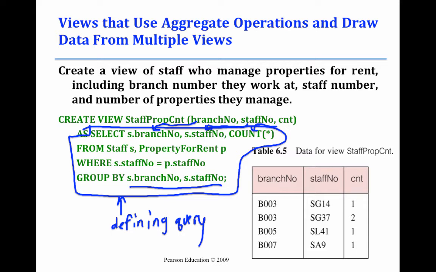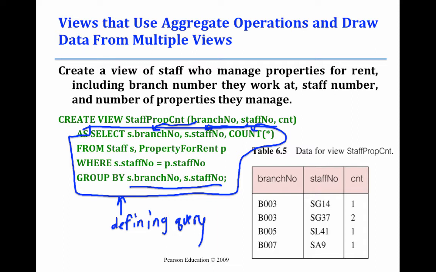Okay? Pardon? That's not guaranteed. I'd have to use an order by clause to make that happen. Pardon? Well, probably because I grouped by branch number, but that's not the reason.